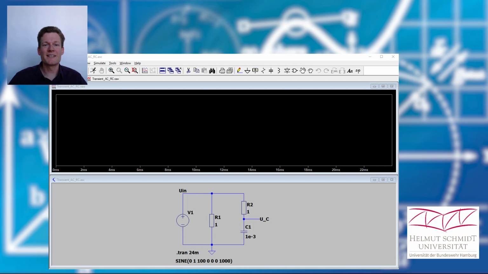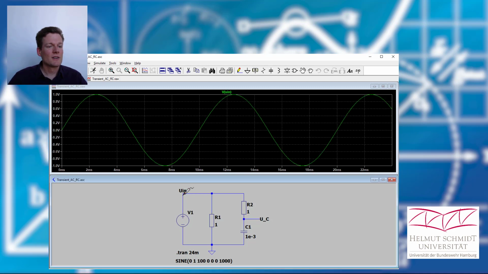Let's have a look at another simulation. I built up a circuit here, and we have an AC voltage source. I can display the voltage. You see here it's a sinusoidal voltage. The amplitude is 1 volt and the frequency is 100 Hertz. Then I built a small circuit here with 2 resistors and a capacitor.